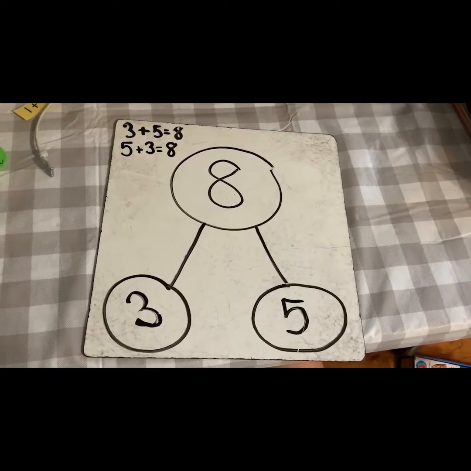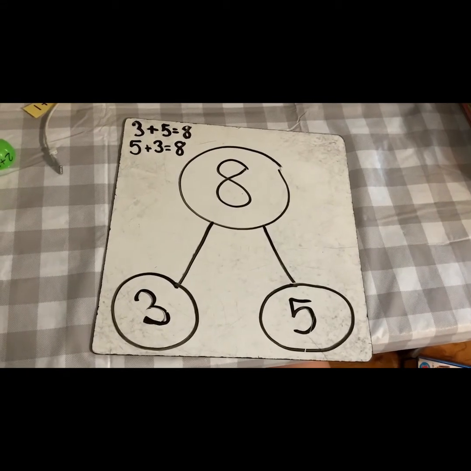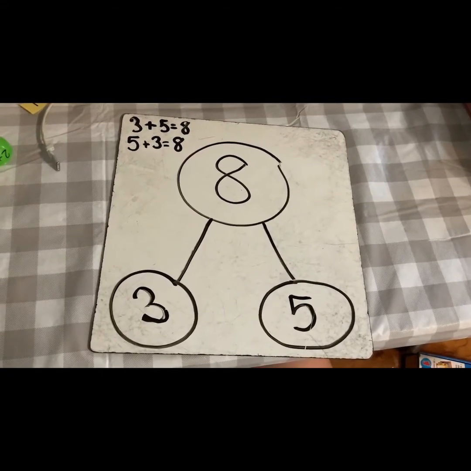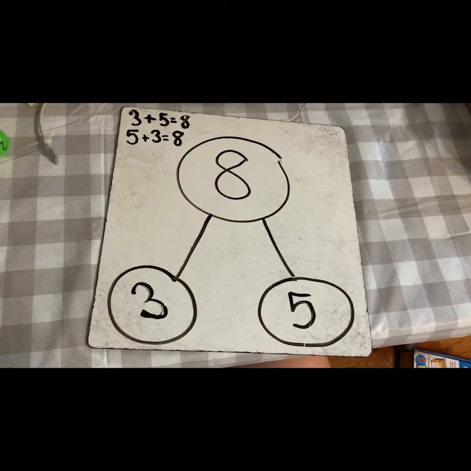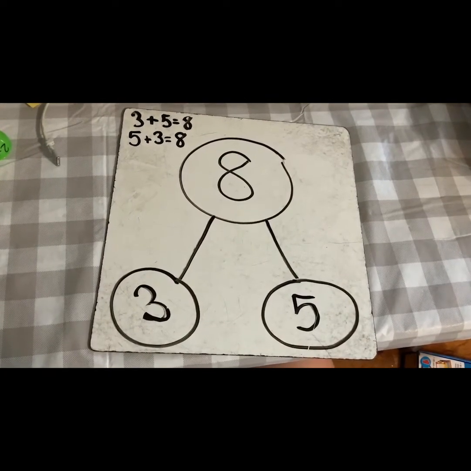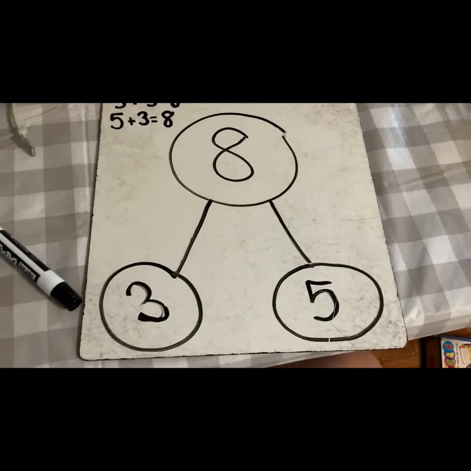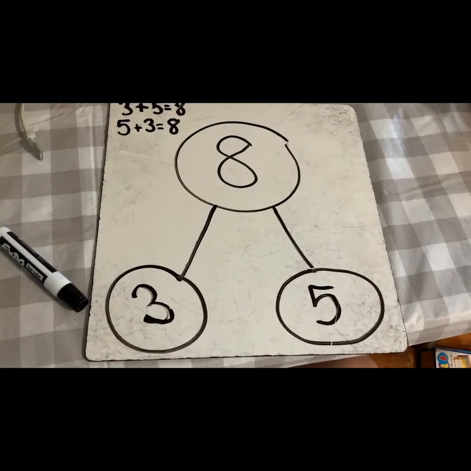Now let's talk about turning this into subtraction. Do you think in subtraction we need to start with a part or a whole? Think about what we do when we subtract. Are we adding two parts together? Or are we taking a part away from a whole? When we talk about number bonds, I like to go around and trace them with my finger.